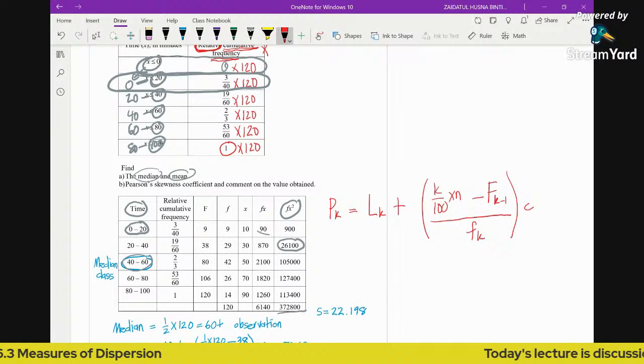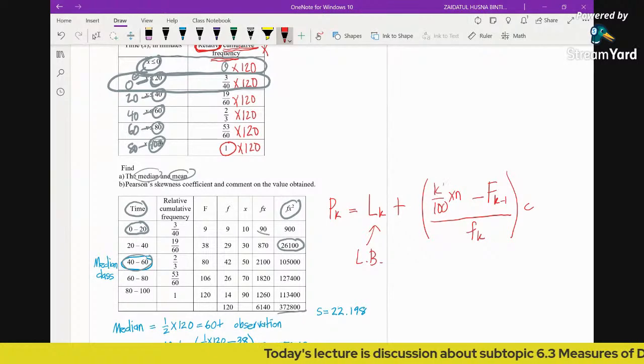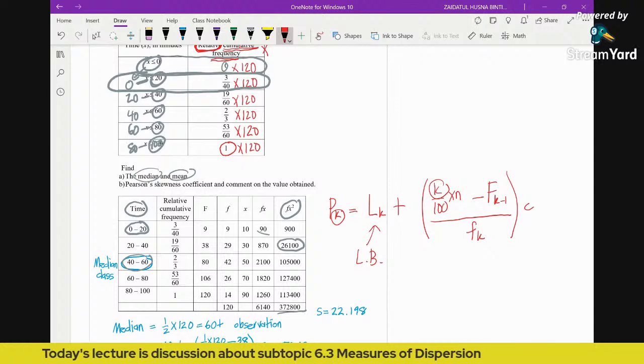Where L here is the lower boundary, and k depends on the measure that we are looking for. If we are looking for the median, in this case, because it's located in the middle, right?